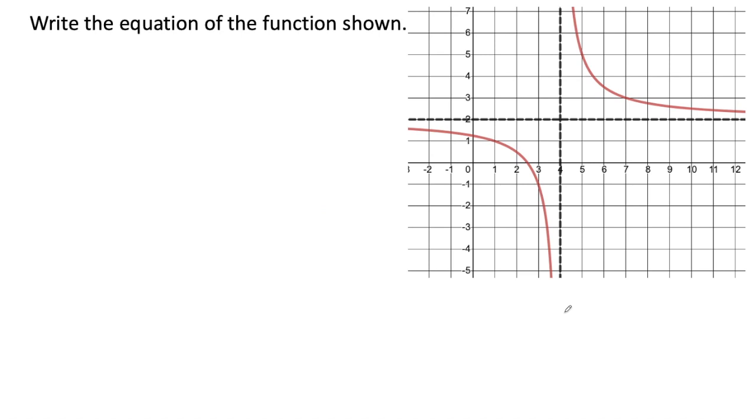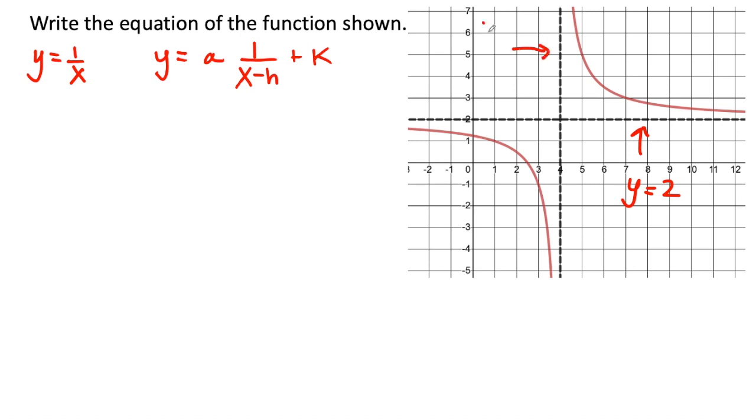Our next example is a reciprocal function. That's our parent function, and so the transformed form would be a times 1 over x minus h, plus k. In this case, the trick to finding h and k is in your asymptotes. Our horizontal asymptote is y equals 2, and our vertical asymptote is the line x equals 4.